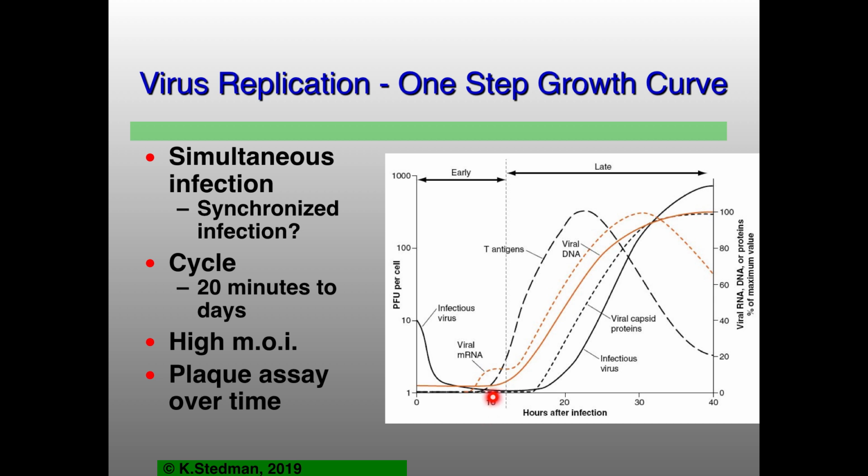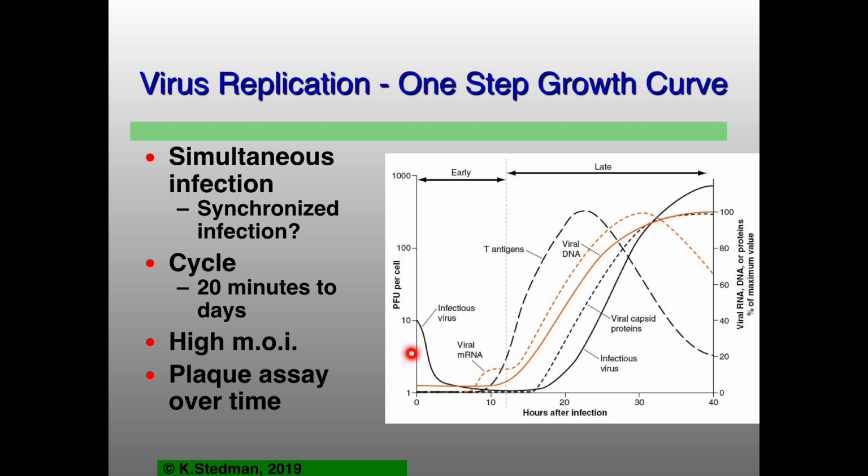We already talked about this quite a bit already. You're going to have your early genes being made and your late genes being made. And these you can detect now, instead of doing a plaque assay, by looking specifically for proteins, or looking specifically for some kind of activity, or looking specifically for some kind of nucleic acid. And in the particular case here, the dark orange line, that's now your viral genome. In this case, it's a DNA genome.